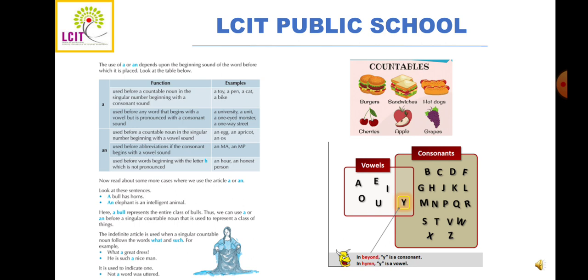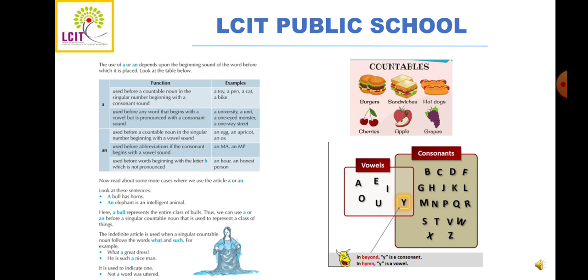These are the uses of a. The second part of this table tells us about the uses of an. An is used before a countable noun in the singular number. We all know what singular and plural are, right? It is also used before abbreviations beginning with a vowel sound.